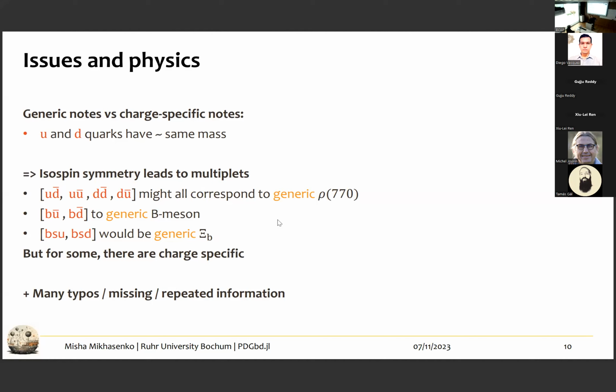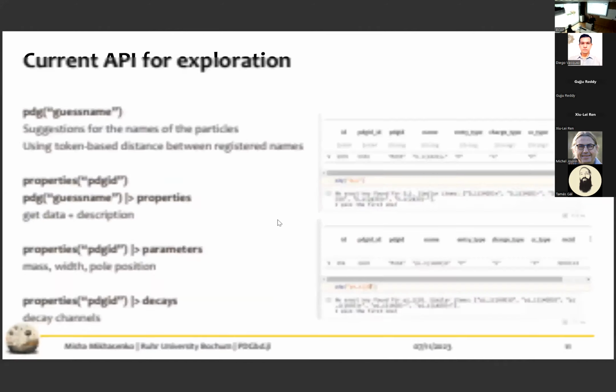When we want to produce, we used to think in charge-specific states, but then one has to understand that some properties you are going to access come from another state or the multiplet. That is still something to think about when we want to produce a clean database: how we deal with these cases.